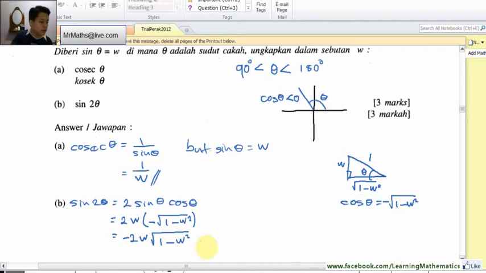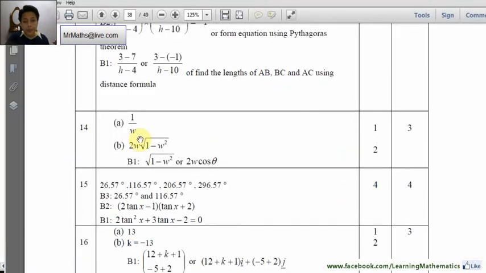That is the answer. But if you have downloaded the Perak SPM Trial Paper 2012, you probably have seen the marking schema. The marking schema probably will not show you the negative value. Let me show you the schema here. This is what the schema gives you: 2W square root of 1 minus W squared, and this is clearly wrong.